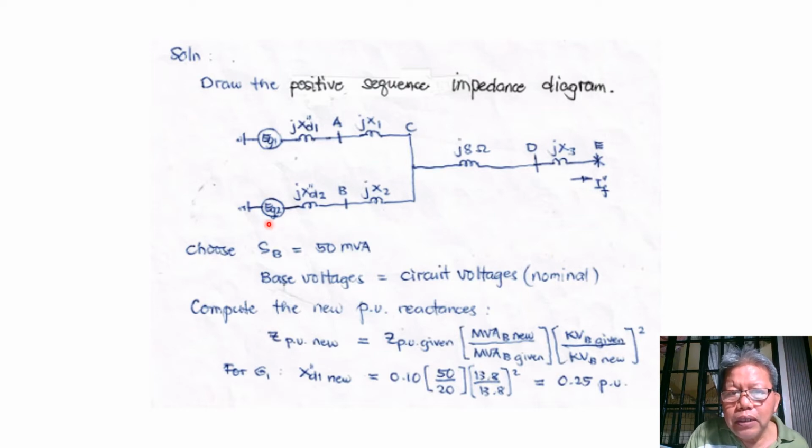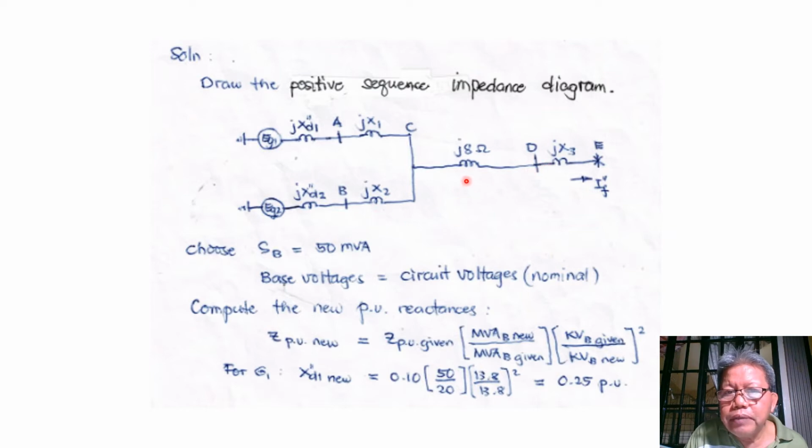And then similarly for generator 2, we represent its generated voltage as EG2, in series with its subtransient reactance JXD2 double prime, then up to bus B. Then between bus B and bus C, we represent transformer 2 with its equivalent reactance, JX2.